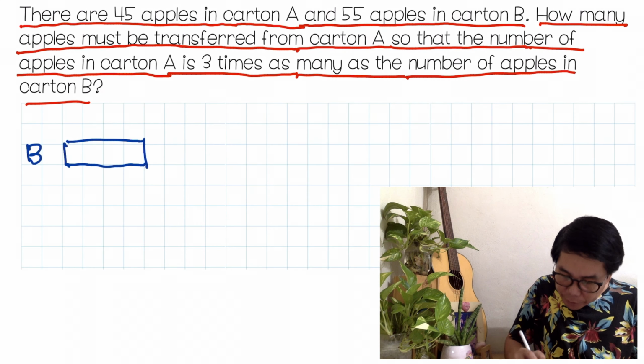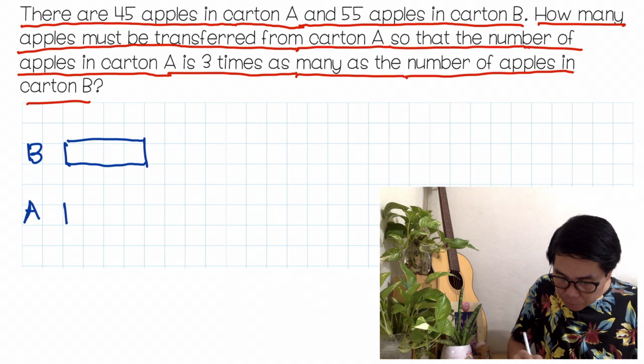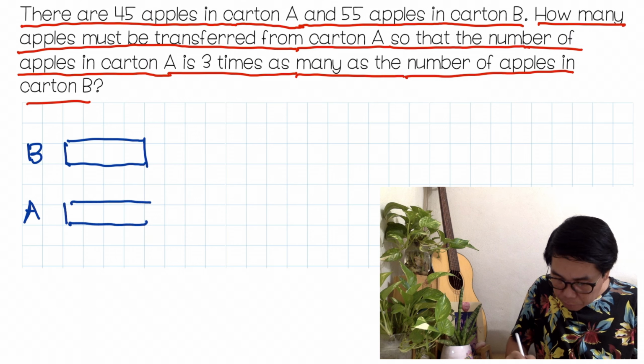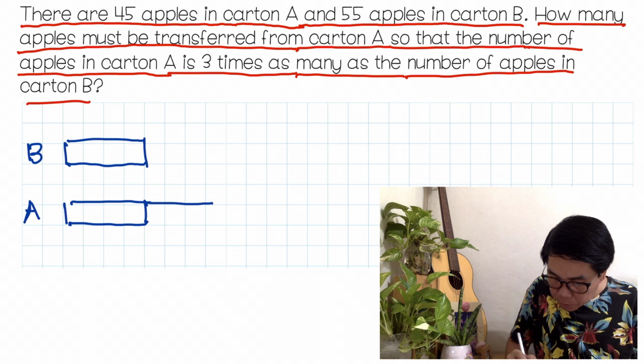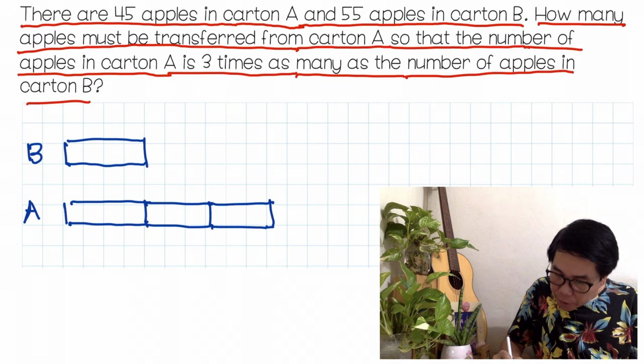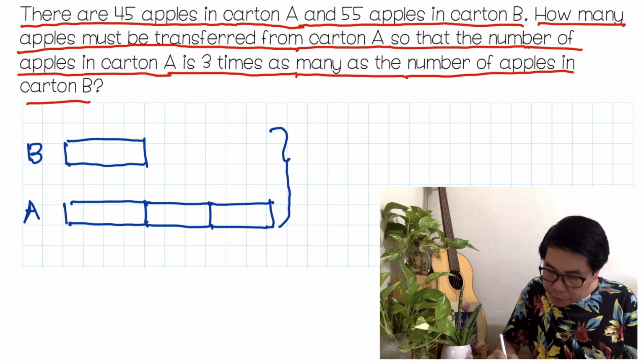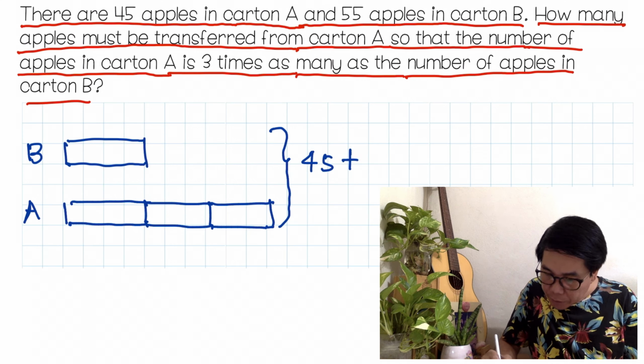While carton A is 3 times: 1, 2, 3. If we put together carton A and carton B, carton A has 45 apples and carton B has 55 apples.